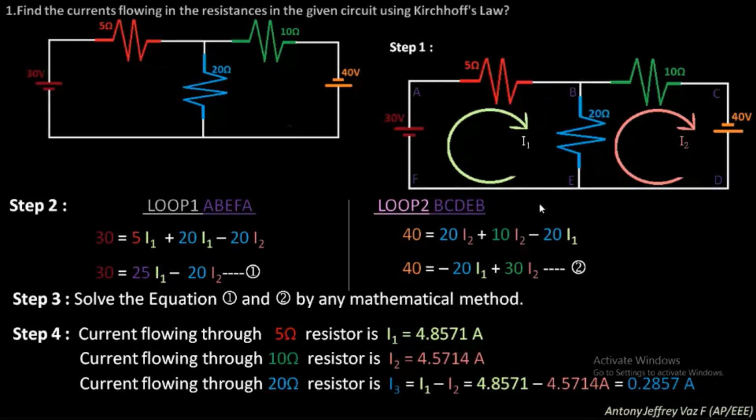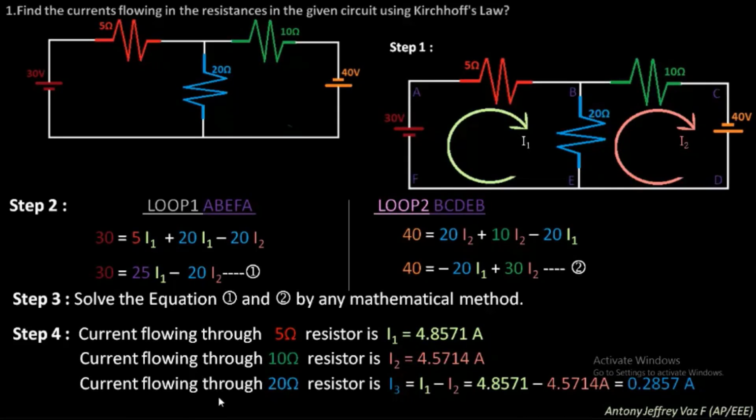Then for current I3, where is the current I3? Anyone can say? The current I3 will be flowing here, because the I1 current is flowing from B to E direction, whereas the I2 current is flowing from E to B direction. So we are going to find the new current flowing in the 20 ohm resistor.